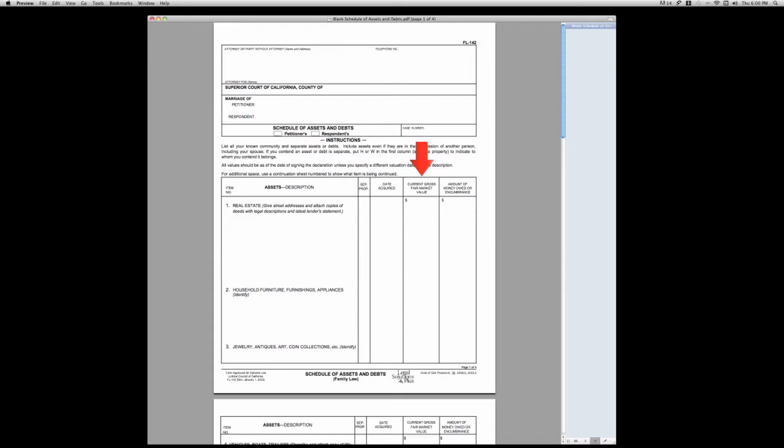And if the property is going to be sold or otherwise divided, then it's probably going to be necessary to get an appraisal anyway. So for $350 or $400, somewhere in that neighborhood, you can get a fairly authoritative answer to the question of what is the current gross fair market value of the house or other real estate.